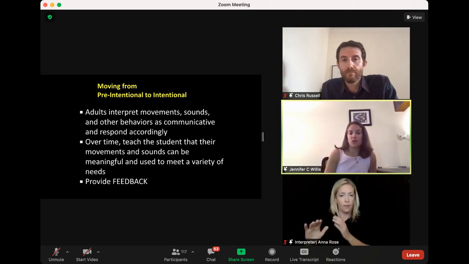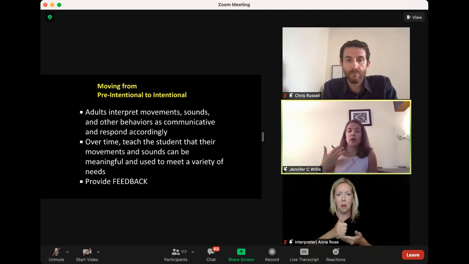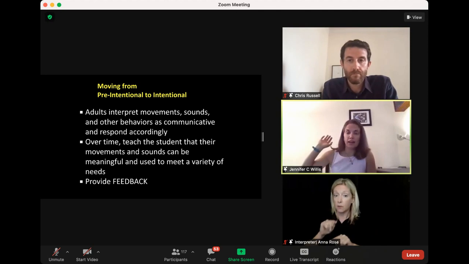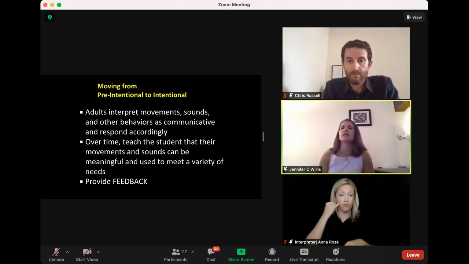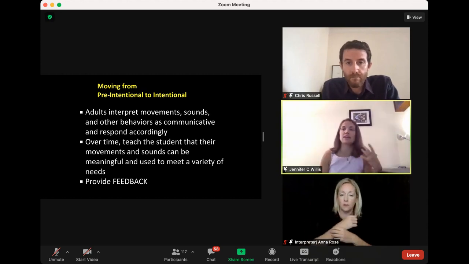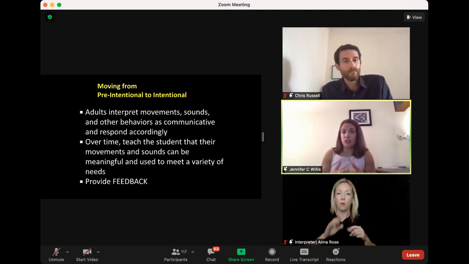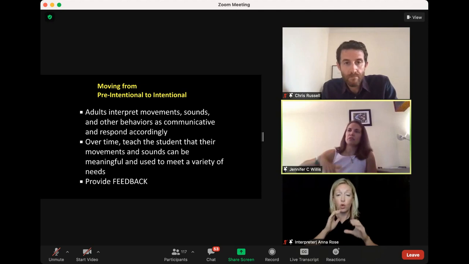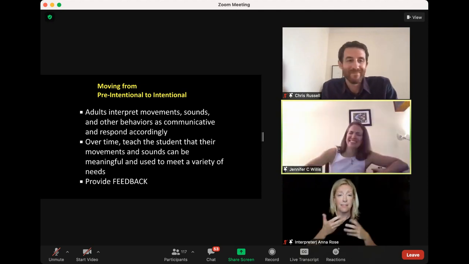And over time, that student is going to learn that those movements and sounds can be meaningful and meet a variety of needs. That child is going to learn to trust that when she pulls her hand back, someone is not going to grab it and continue to force her to do something she really does not want to do. They're going to recognize that that adult is responding to that action and not requiring them to.